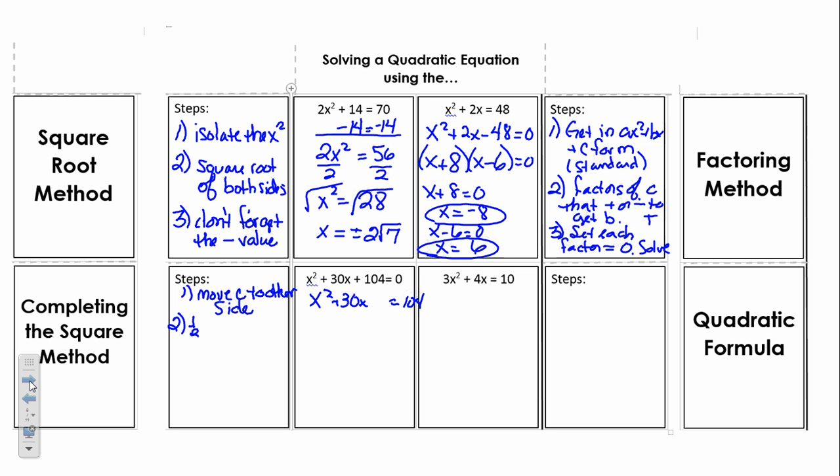Half the middle number squared. So half of 30, 15, 15 squared. 225. Okay.